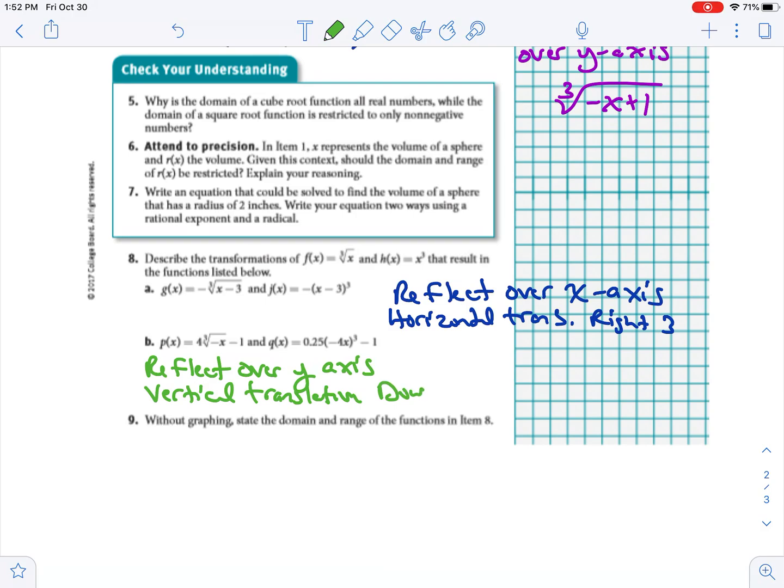It's going to be down 1. And finally, we have a stretch factor 4. And because these are all cubes and cube roots, we are going to have domain and range of negative infinity to infinity. That's what's nice about the cube roots, no restrictions.